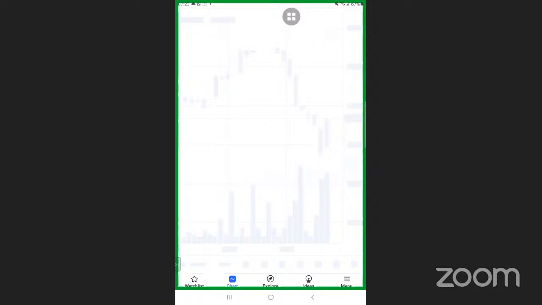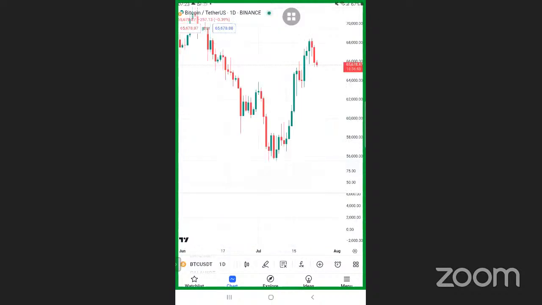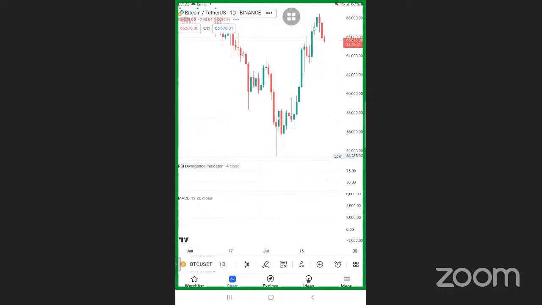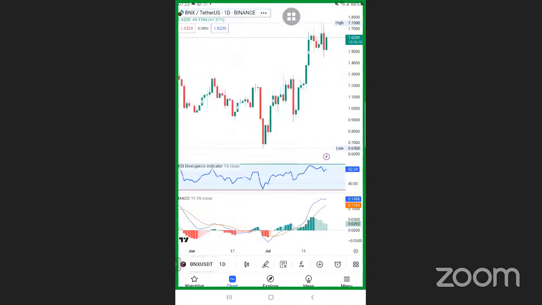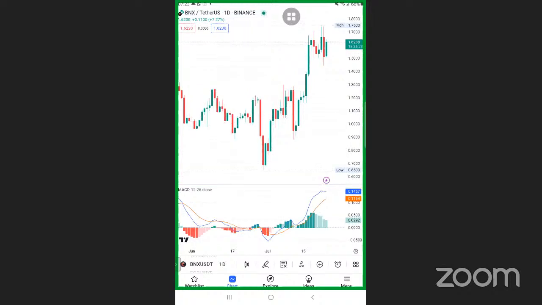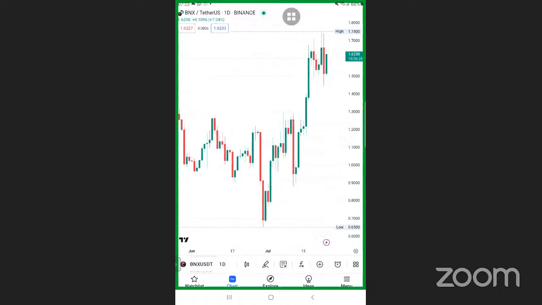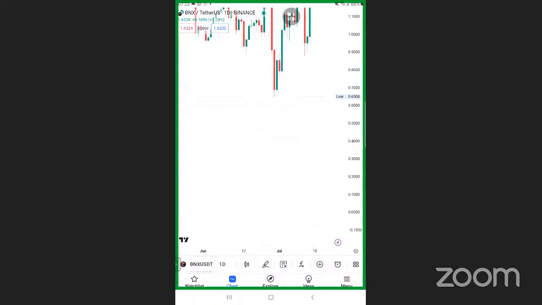I just need to use the board here to write because there is something that I want us to look at. Okay, let me remove the indicators here.